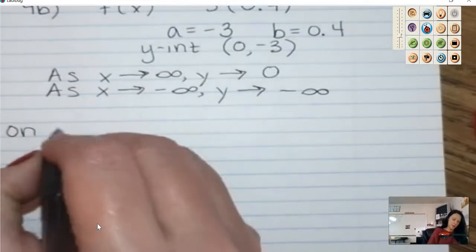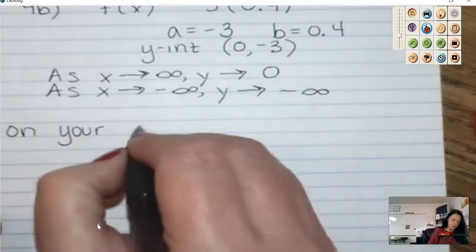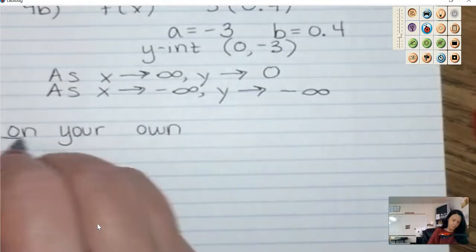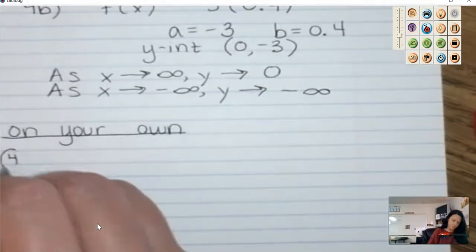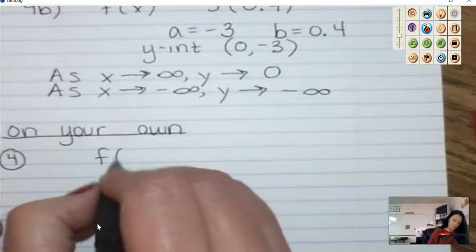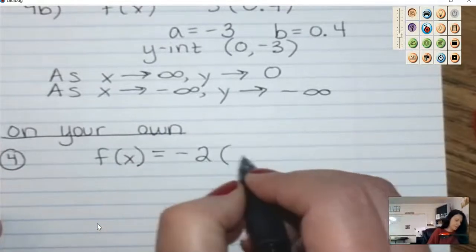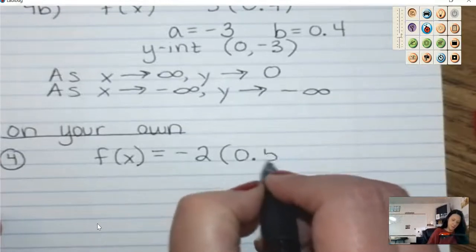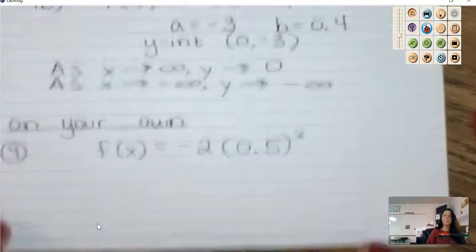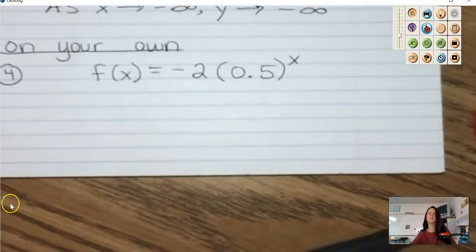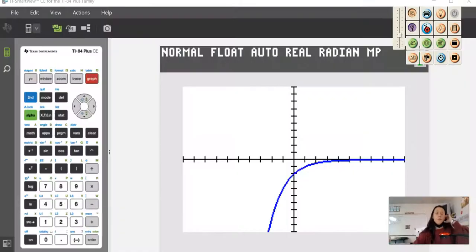Okay, this one you're going to be doing with your groups around you. F of x equals negative 2 times 0.5 to the x power. Okay, here's your graph.